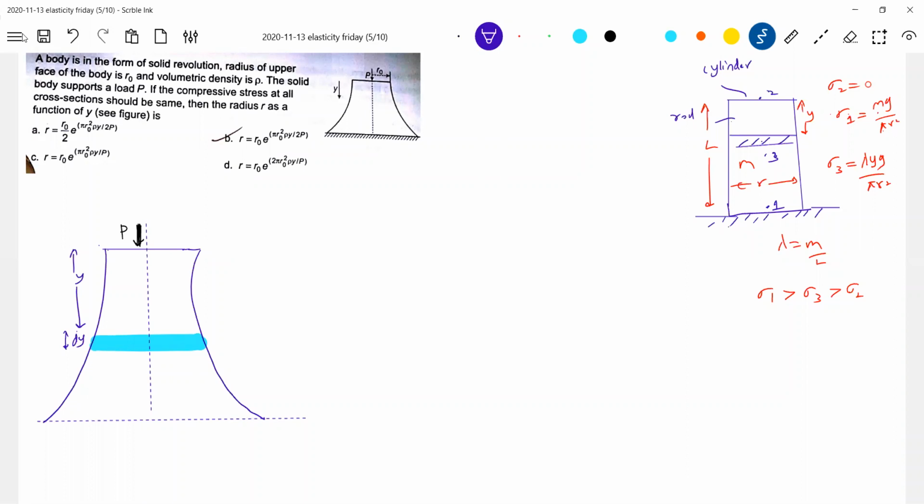Before that, let me go for radius. So this is R. The radius will be R plus dr. Will I agree? The radius should keep on increasing, and here the radius is R naught. Now it will keep on increasing.